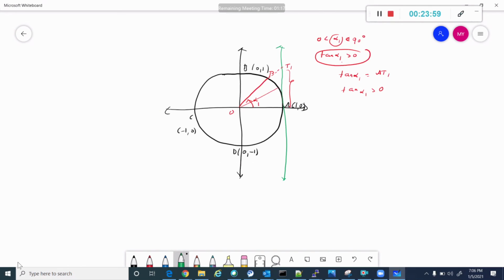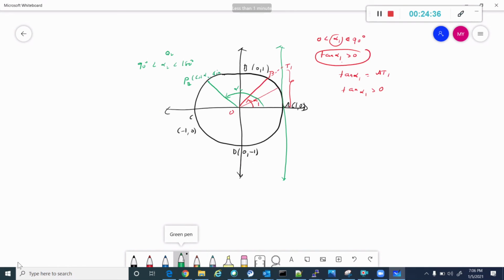Now I have rotated to quadrant 2, to an angle alpha 2. This is my P1, and this is P2, so the coordinates of P2 are cos alpha 2, sin alpha 2.